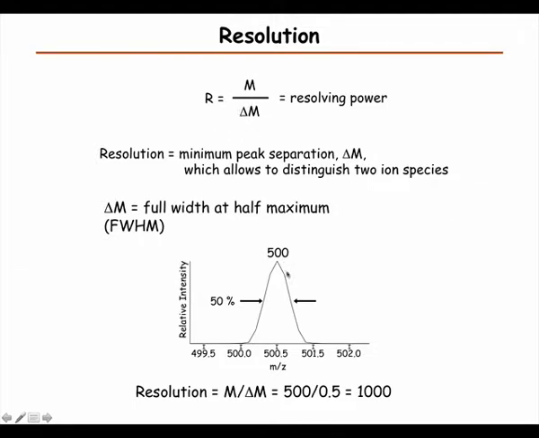For example, in this case, if we have an m/z of 500 and the width is 0.5, then our resolution or resolving power is 1000. This is something you'll hear when people talk about their mass spectrometers.